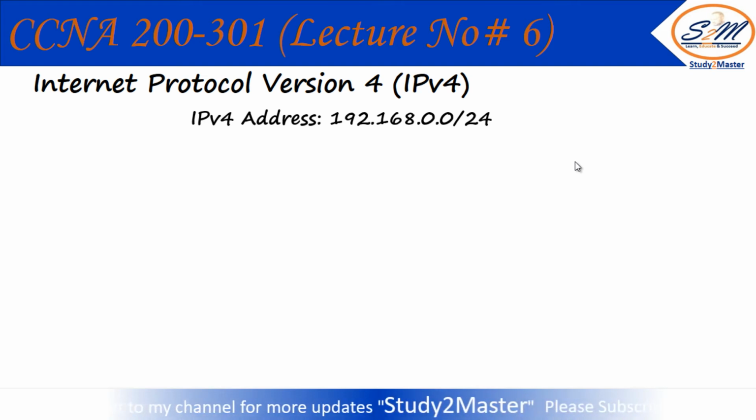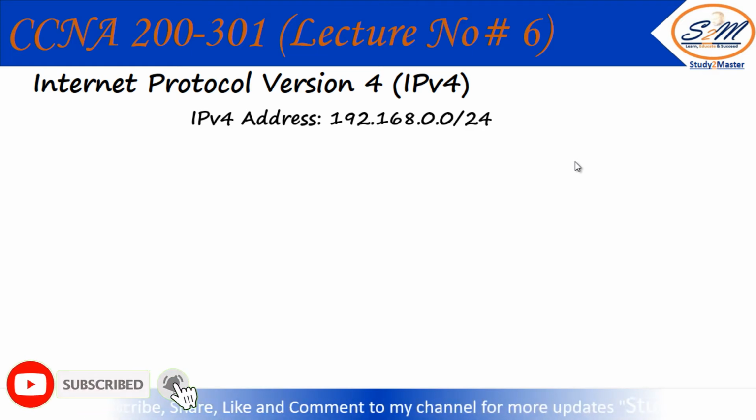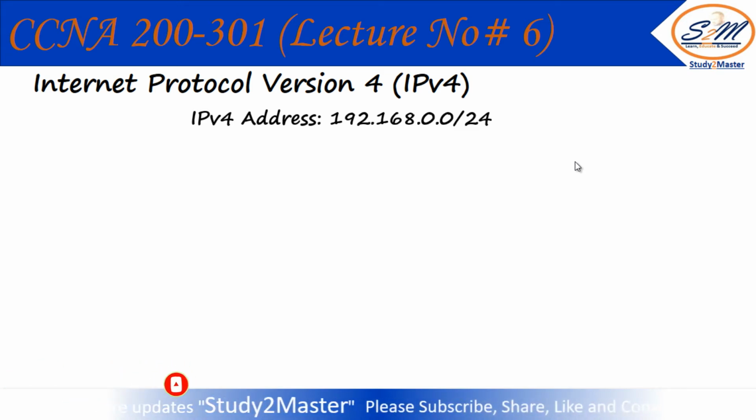In the first lecture I told you about the physical layer. In the second lecture I told you about the data link layer, or MAC address, or layer 2 addresses. In a previous lecture we had a complete discussion on layer 2 devices. Now we talk about the layer 3 address of the OSI model, or IP address.